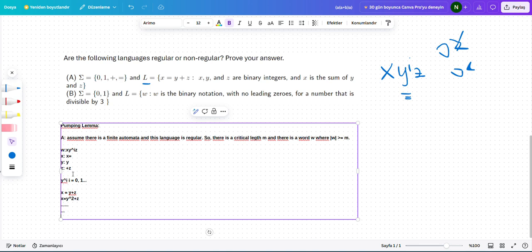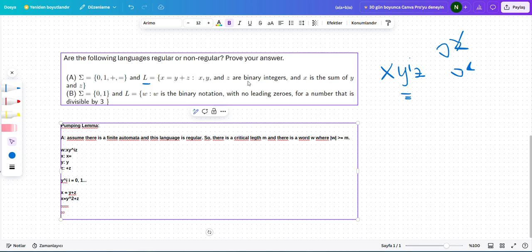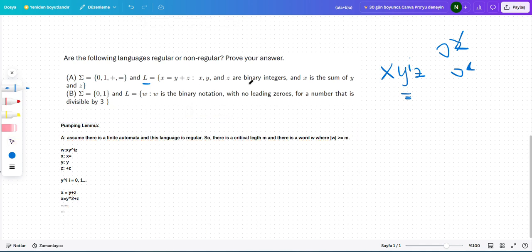As you can see, it satisfies our rule actually. There is no contradiction. Is there? No. But this is binary integer summation. If you try to make a summation in binary, for example, 1, 0, and 1, 0, and you sum them, there is a carry number which comes here.